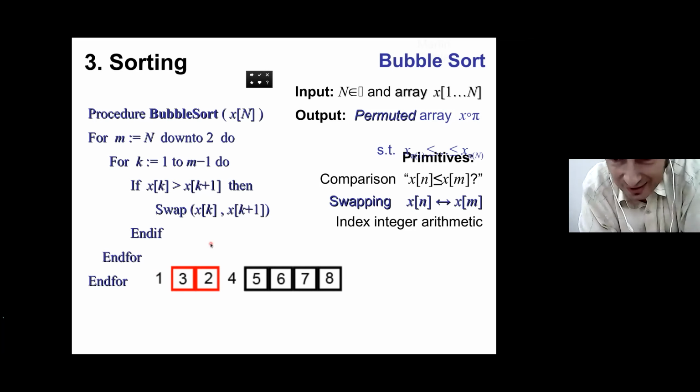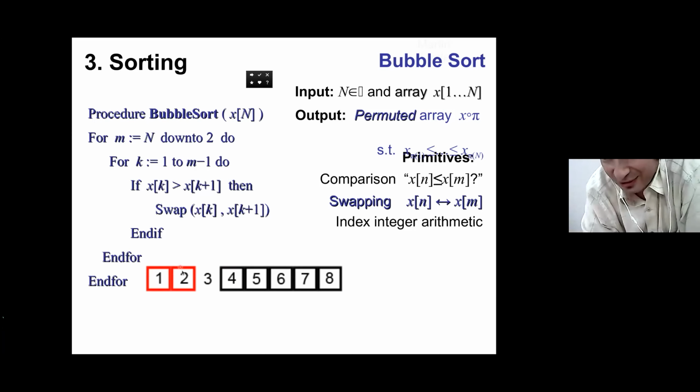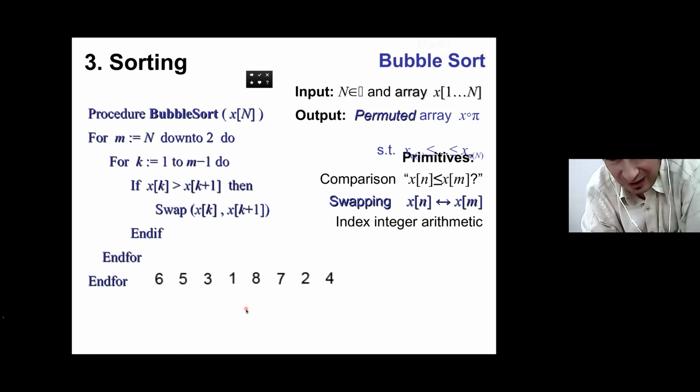And obviously, the last element where you need to swap something is when n is equal to 2 and k is equal to 1. So this is why you need to go down only until 2. After you go down to 2, then it is done. So here now, there are 3 comparisons. So this is the idea of the bubble sort.